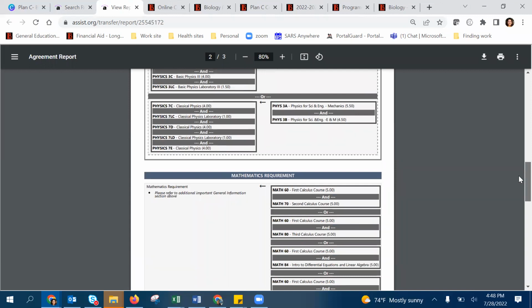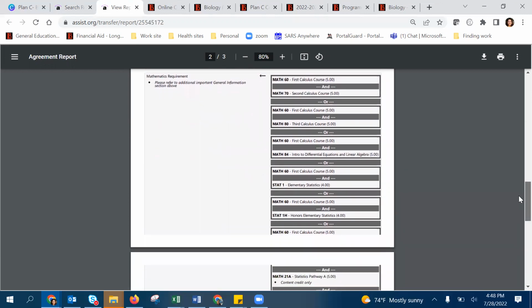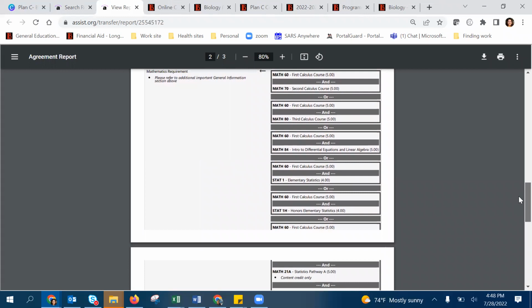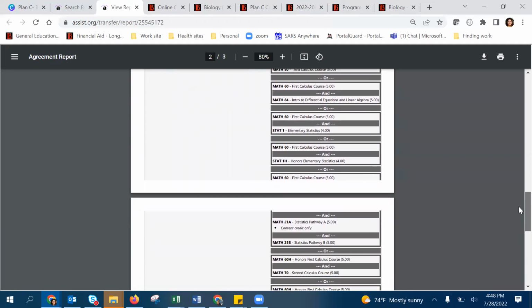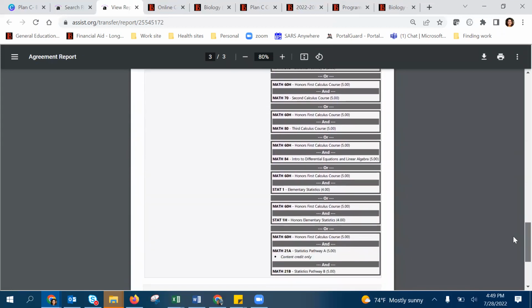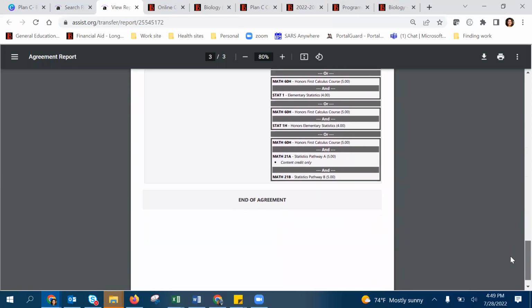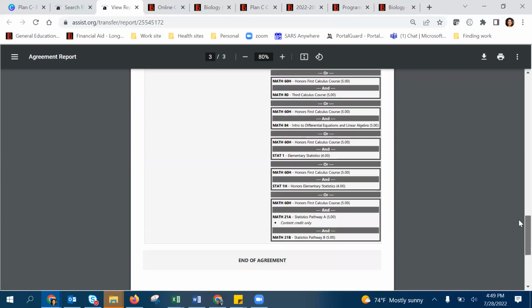So you would not necessarily need to take Physics 2A and 2B. You can replace them. They want to see Math 60 and 70, or Math 60 and 80, or Math 60 and 84, or Math 60 and Stats. So those are the prerequisites for UC Irvine.